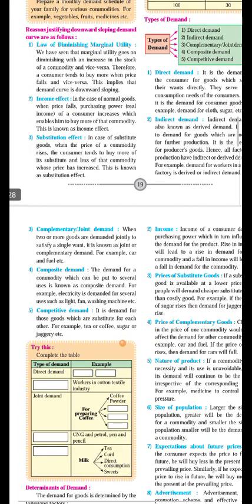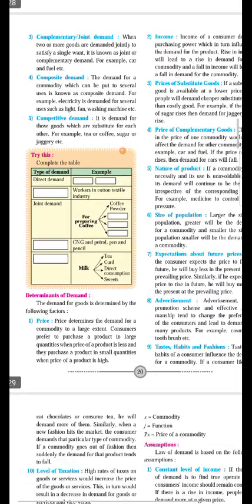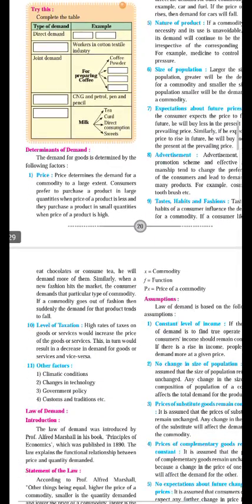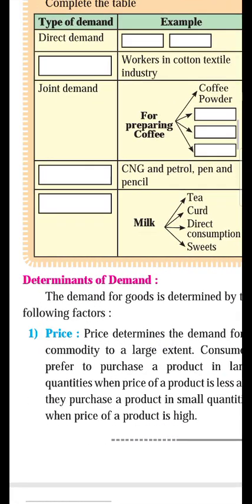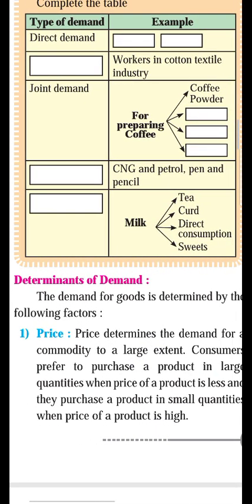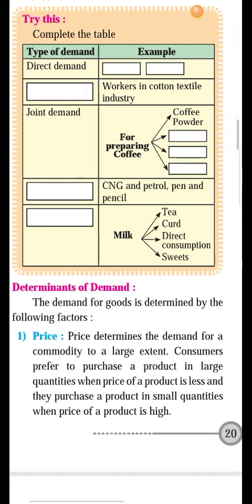In the next lecture we will see the different determinants of demand. What are the factors determining the demand, what are the factors influencing demand, and what are the factors affecting demand. These are nothing but the determinants of demand. We will see in the next lecture.